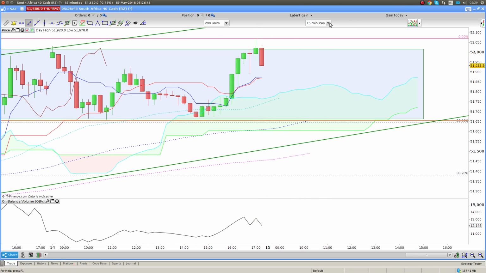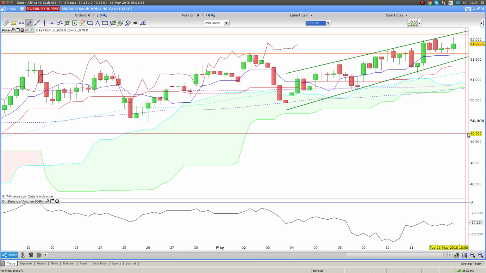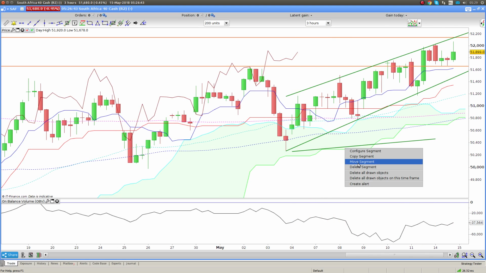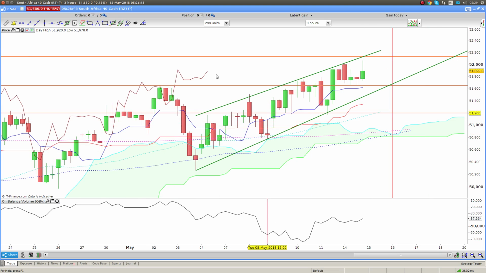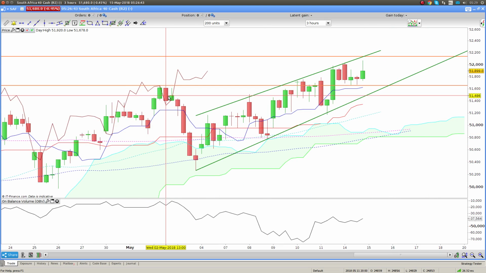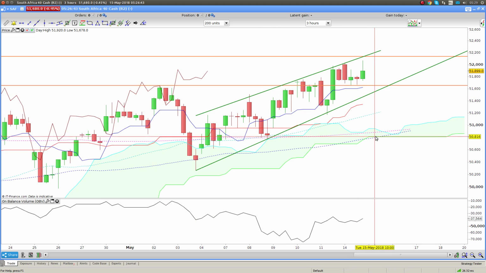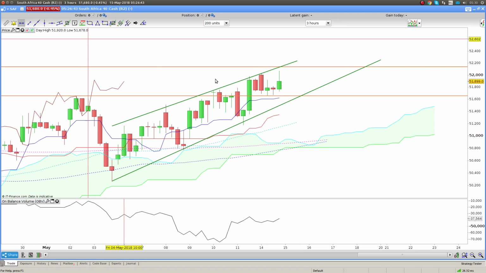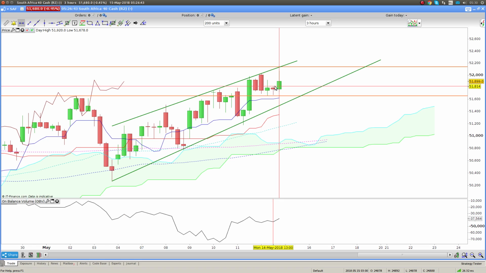Okay, and I think the easiest way to do this is as follows. You have that level there, the swing high, which is the weekly level, and you have that weekly level. But what you also have here, and this is on the 3 hour, is a Brooks gap here, which is 51800.